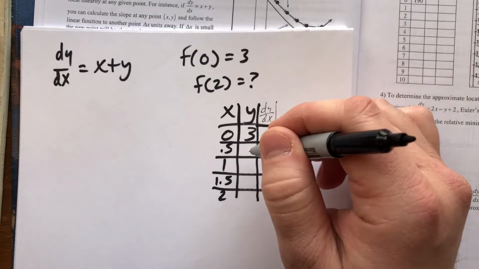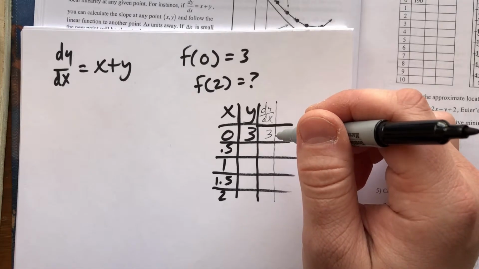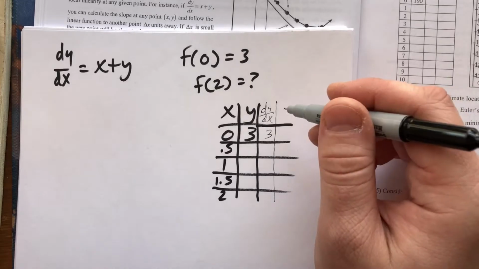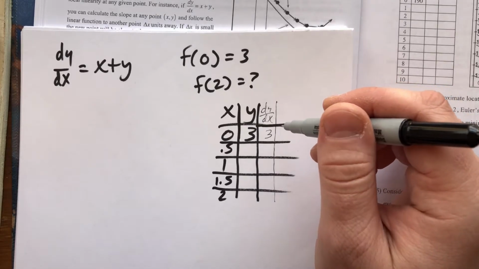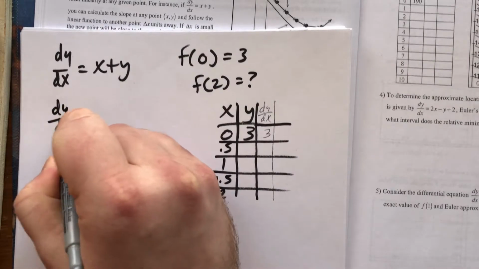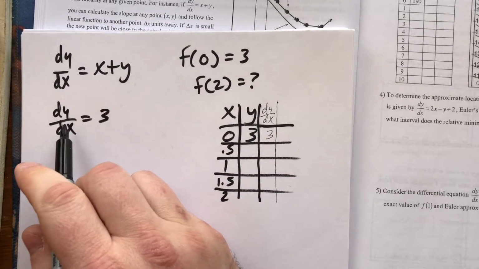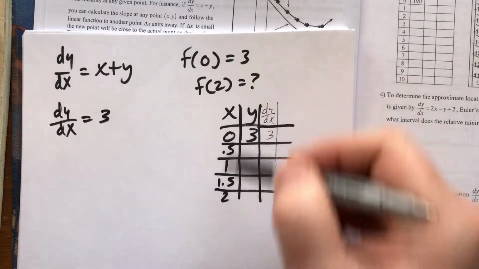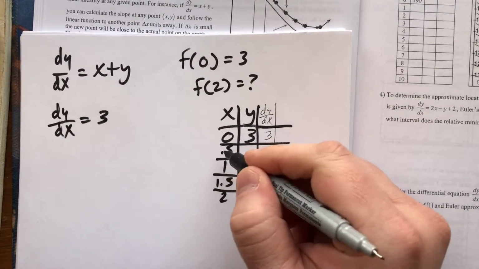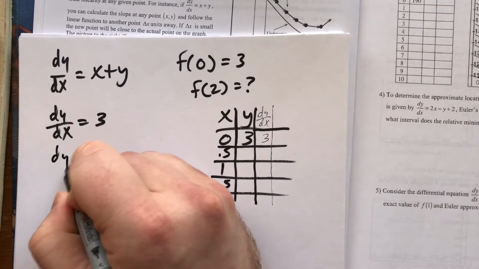But what's my new y value going to be? Mechanically, you might have already figured out that it's 4.5, so good for you if you have. If I know that dy/dx is equal to 3, I also know what dx is. We're going by 0.5, so the difference in x each time is 0.5.